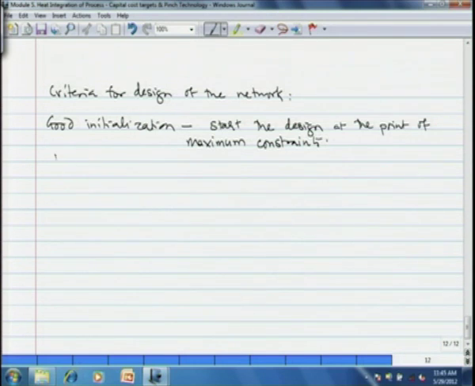The process is divided at pinch. We shall demonstrate the strategy for this pinch technology, or the algorithm of pinch technology, with an example.